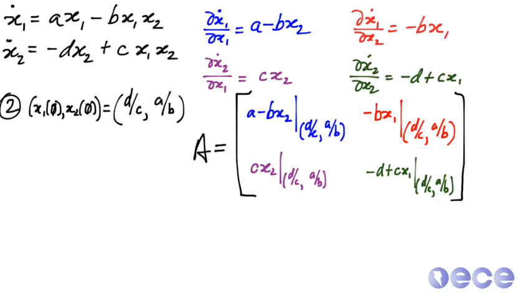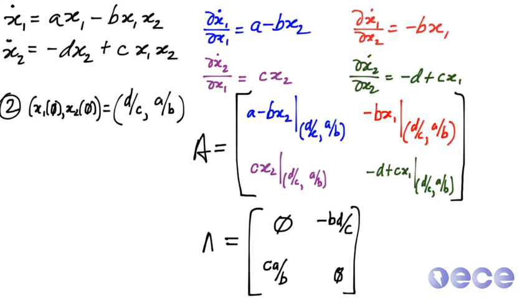If we evaluate this matrix at these points, we get 0, minus bd over c, after we substitute in x1 equals d over c, x2 equals a over b, and 0. This is also a diagonal matrix, but it's diagonal on the other diagonal. This is our gain matrix, our matrix A for the state update equation.